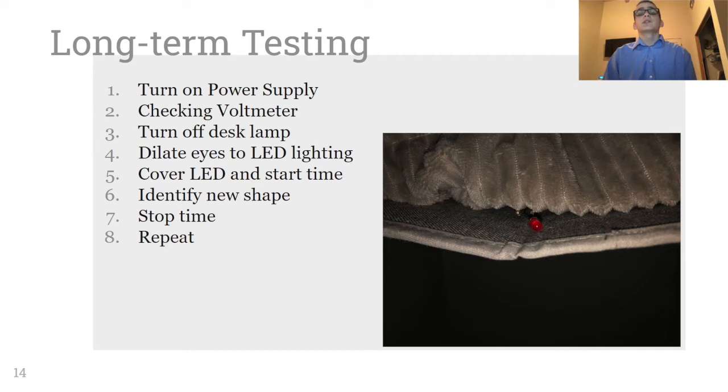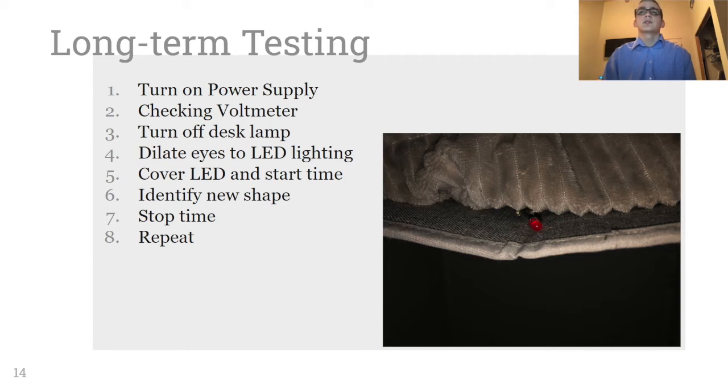So now moving on to the second part of my testing, which is moving from the dark environment with, say, a light on that your eye is dilating to, to turning off that light to be in complete darkness. The first parts of this followed similarly to the last step. The first step was to turn on your power supply so that your LED was powered, and then check your voltmeter to make sure that you are at the right level.